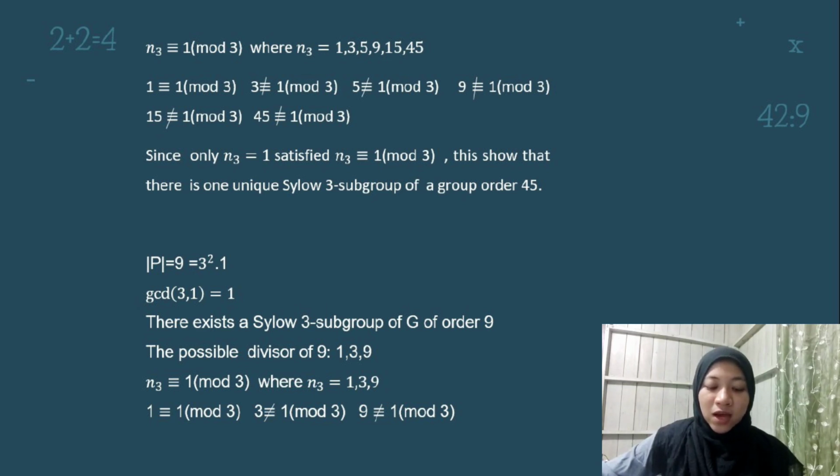For the element 3, it is not congruent to 1 mod 3 because when 3 is divided by 3 we get remainder 0, but 1 divided by 3 gives remainder 1. So 3 is not congruent to 1 mod 3. Same goes for 9, which is also not congruent.